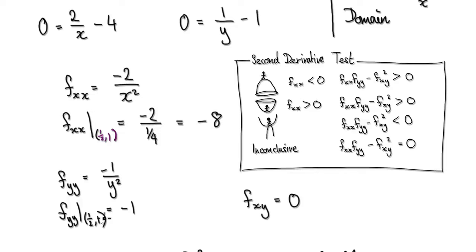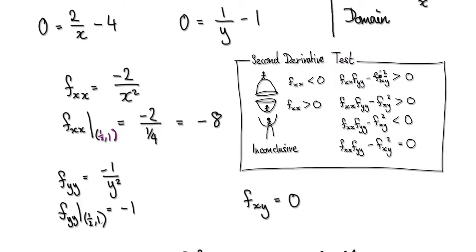This is x, this is y. So put 1 into the y here. So the whole thing here will be -1. So now we know that this is -1, and this we know is -8. So combining the two would be +8.